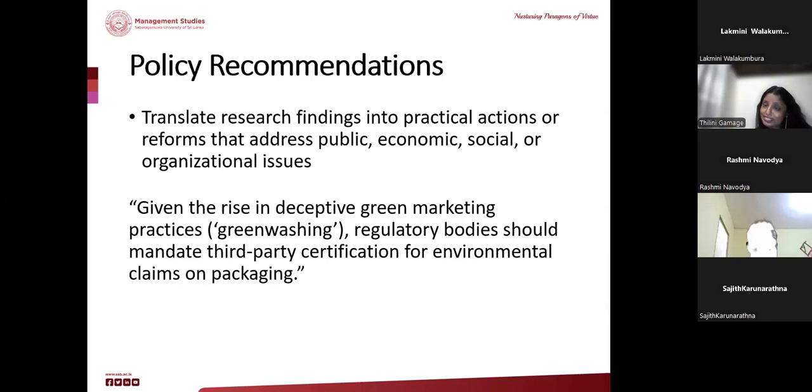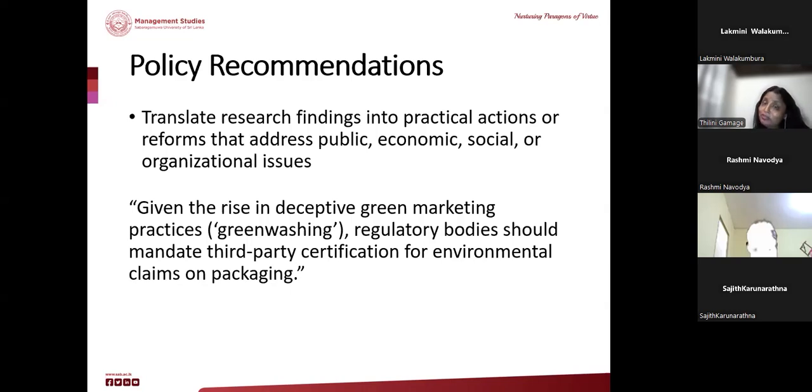So what it says is that throughout her research, she was talking about these deceptive or misleading green marketing practices, which we call greenwashing. And based on her findings she says the policymakers, the decision makers, should not allow everyone to use the term green marketing practice.